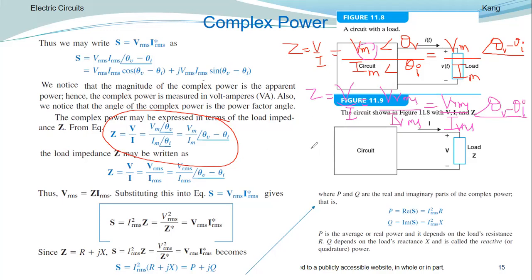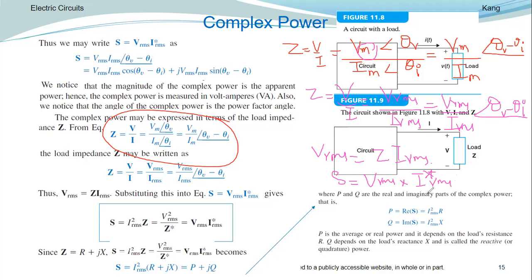So as we know, V RMS equals Z I RMS and S equals V RMS I star RMS. There are basically two parameters.